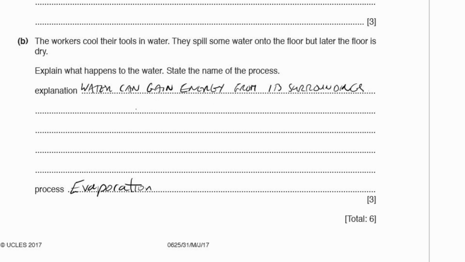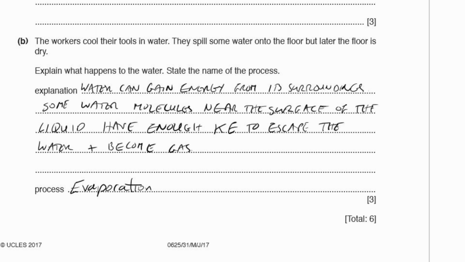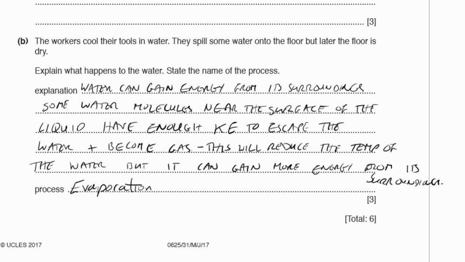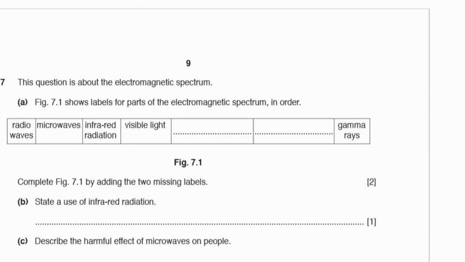So some water molecules near the surface of the liquid have enough kinetic energy to escape the water and become gas. So this will reduce the temperature of the water, but the water gains more energy from its surroundings. And because it can gain more energy from its surroundings, the process continues until there's none left and it's all evaporated away.